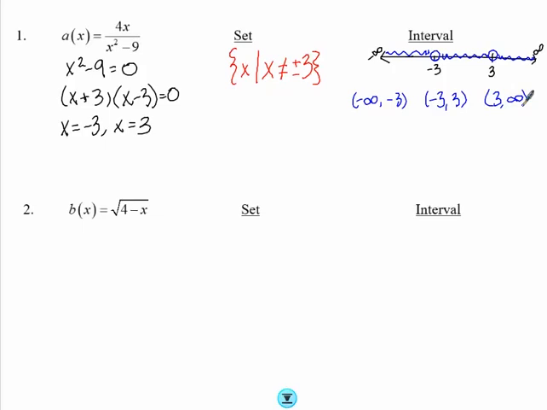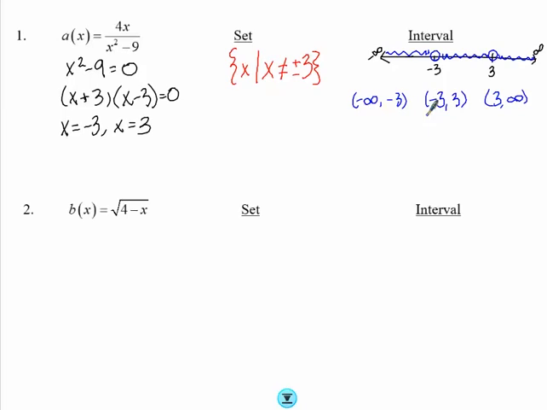As we write our domain in interval notation, you'll notice that I used parentheses. Remember that parentheses do not include the endpoints, so we can never equal positive or negative infinity because those are not actual numbers. So we're going to use a parenthesis there. And we are not including positive and negative 3 in our intervals, so I've used parentheses here.